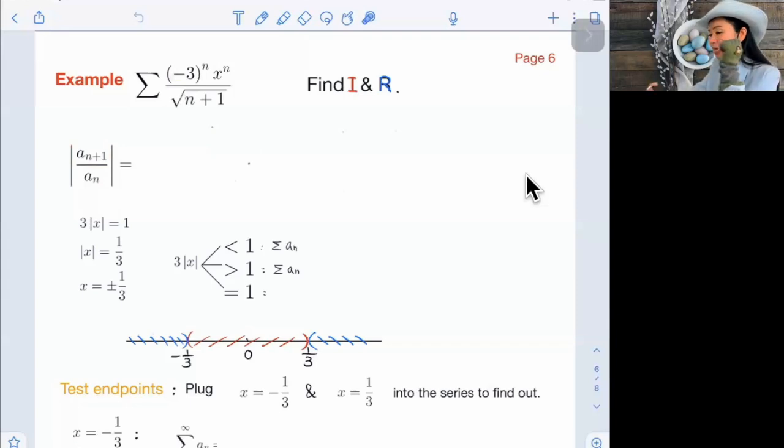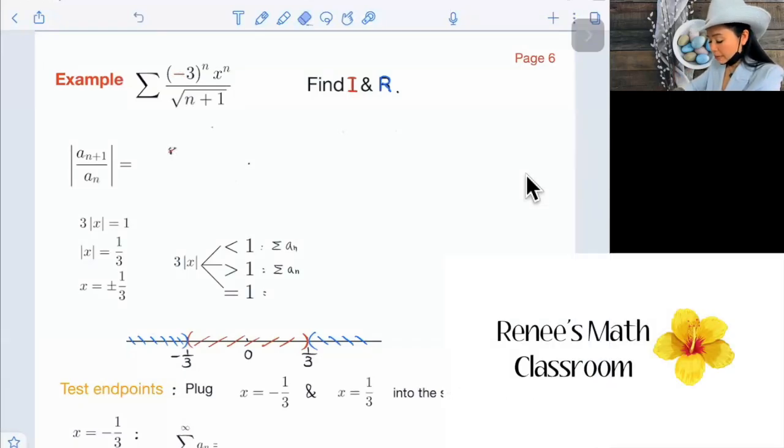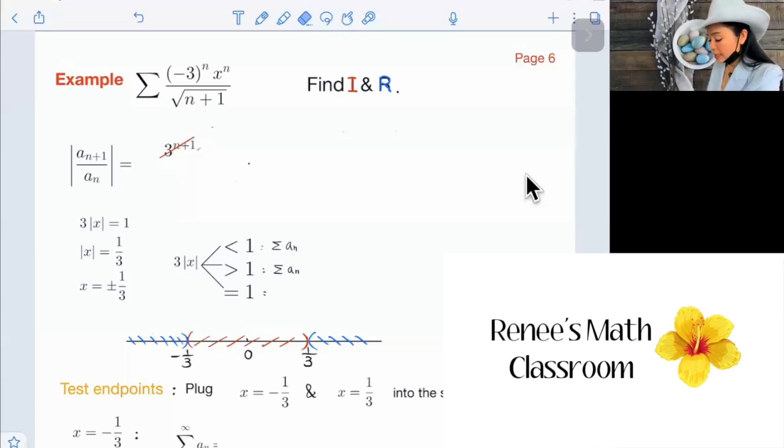We can actually drop the (-1)^n. You can ignore this negative sign right here because of the absolute value. So therefore, a_(n+1), we're going to have 3^(n+1). I just dropped the minus sign because the absolute value of a_(n+1) is going to be without the negative sign.